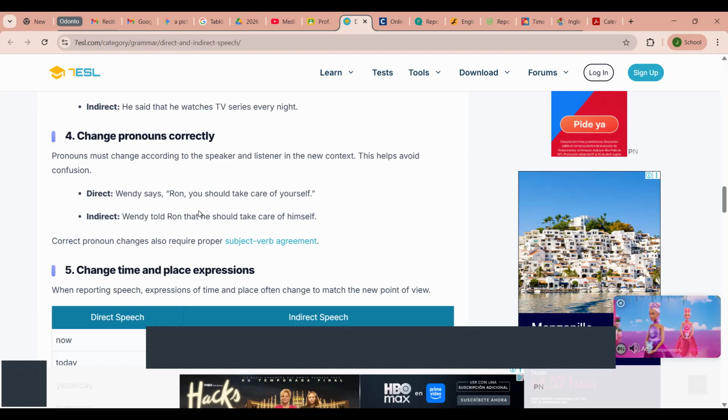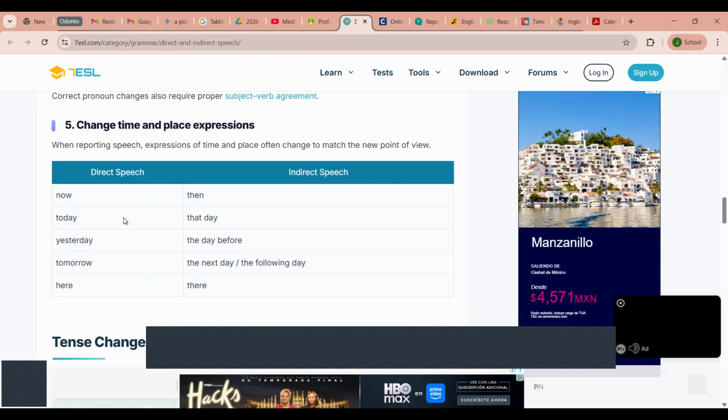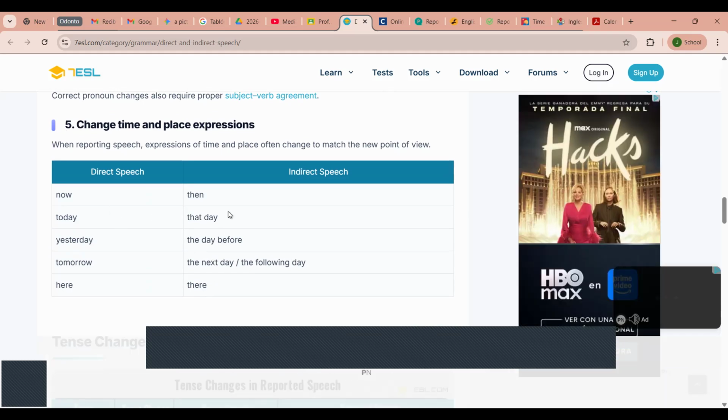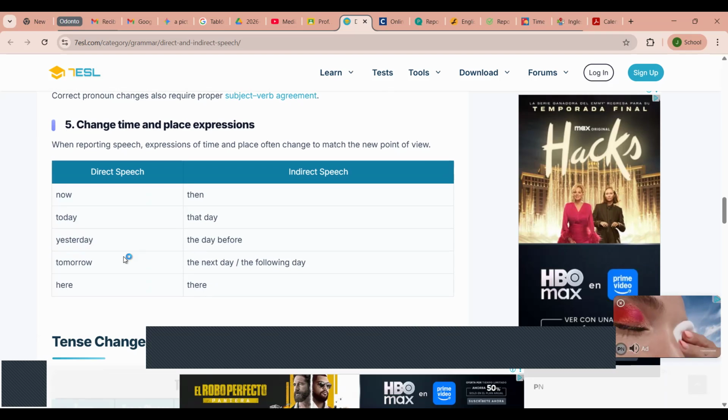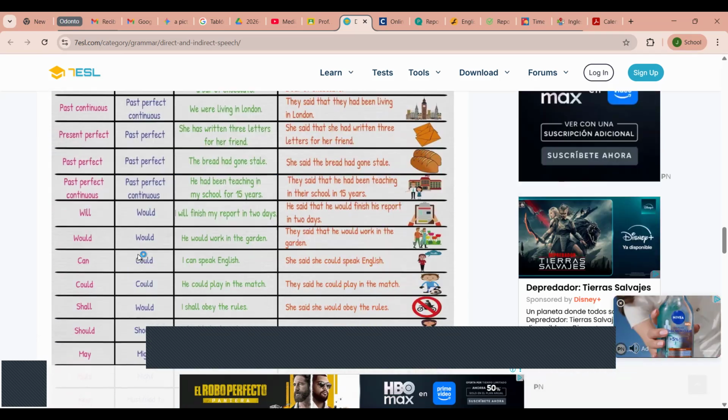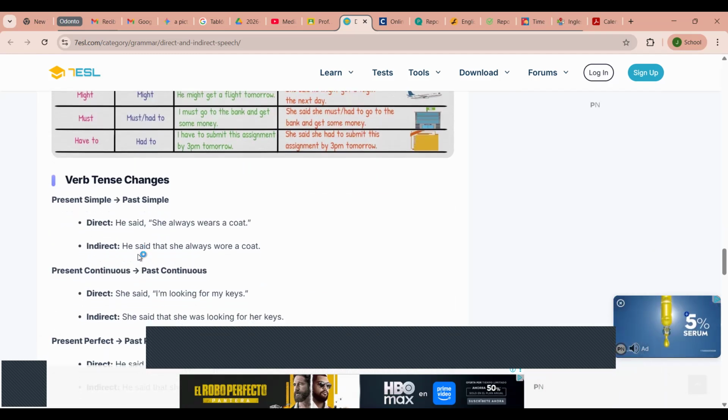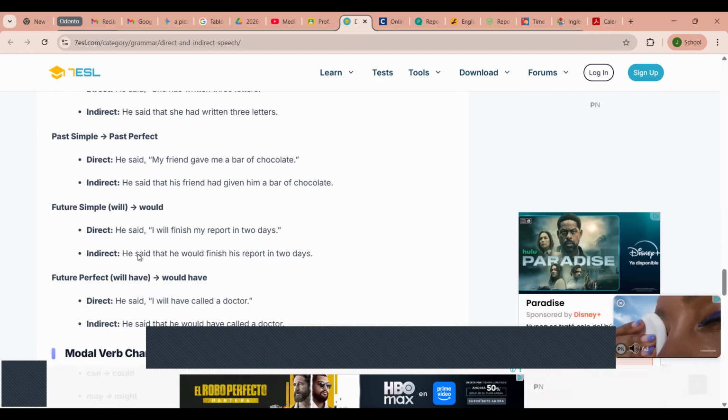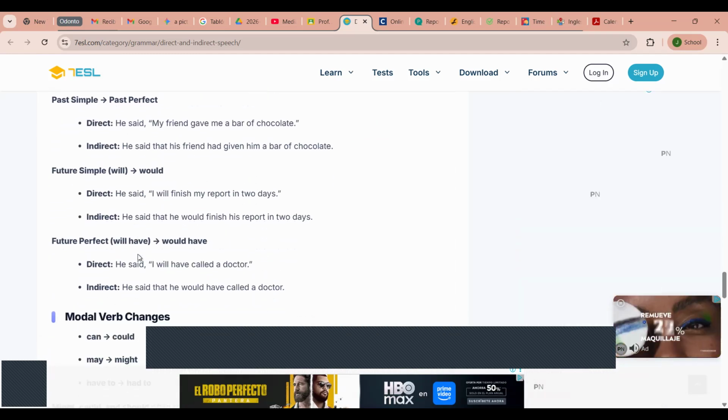You're going to make sure you transform these little pieces into appropriate pronouns to match the new share. And time. If in that moment you were talking, it's going to be changing a little bit to match the new scenario.